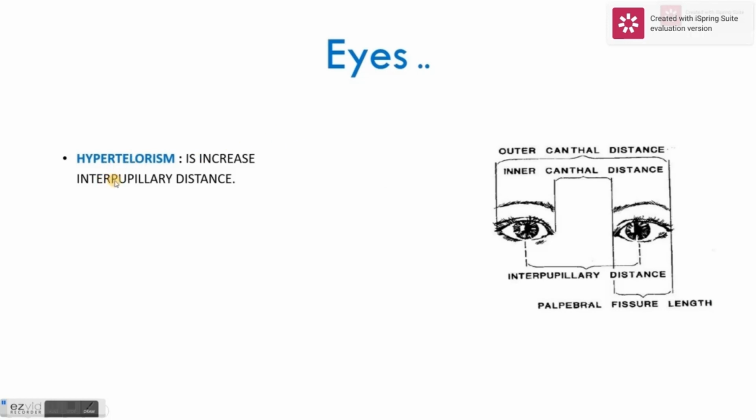Hypertelorism is increased interpupillary distance. That means both eyes are farther apart, so the intercanthal, outer canthal and interpupillary distances are all increased. Hypotelorism is the opposite. All of these measurements are decreased. Telecanthus is increased inner canthus distance, but the outer canthus distance is normal.